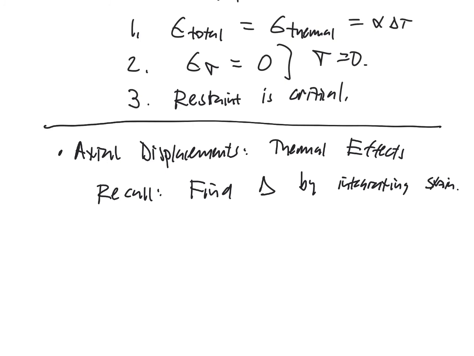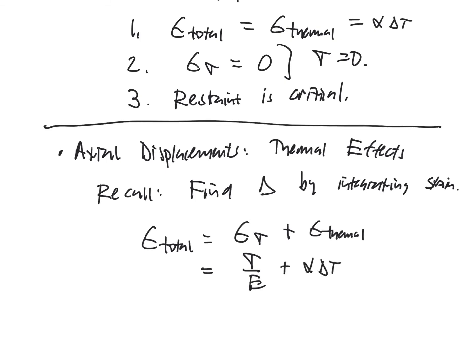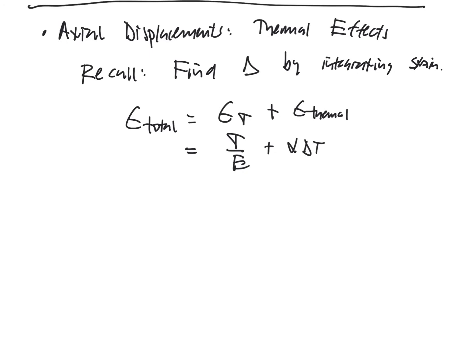But now we've got an adjustment because the total strain, what we see and measure, is epsilon sigma plus epsilon thermal. This is sigma over E. This is alpha delta T. And remember, for the axial bar, sigma is P over A, so it's P over AE plus alpha times delta T. So that is going to be the total strain.